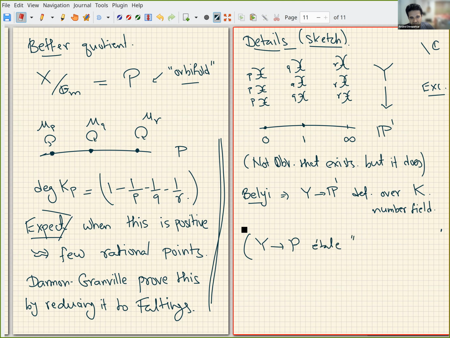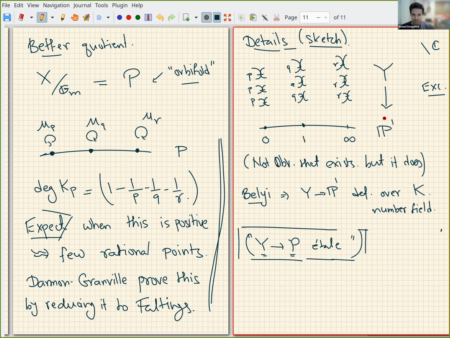So in that sense, Y is very close to this orbifold. You should really think of this as an honest curve approximation of P. You don't have to write this in the paper. They don't write this in the paper, but this is what they are thinking, I think.